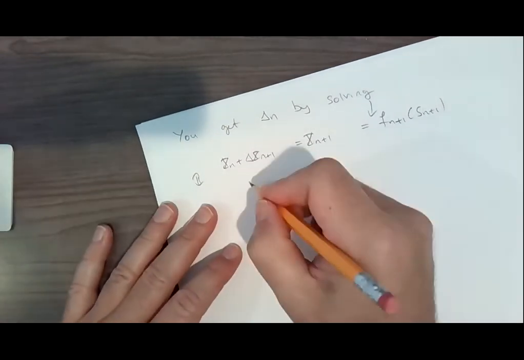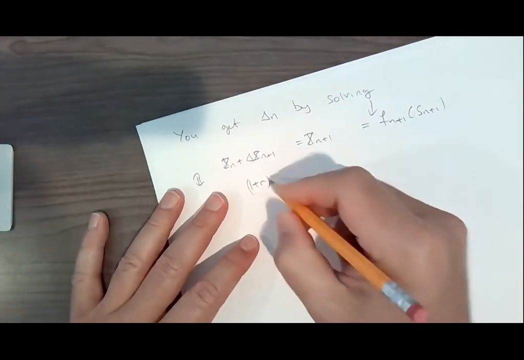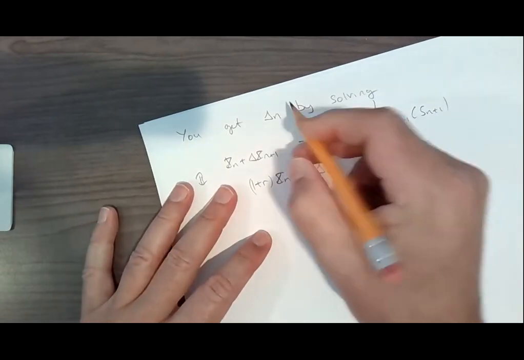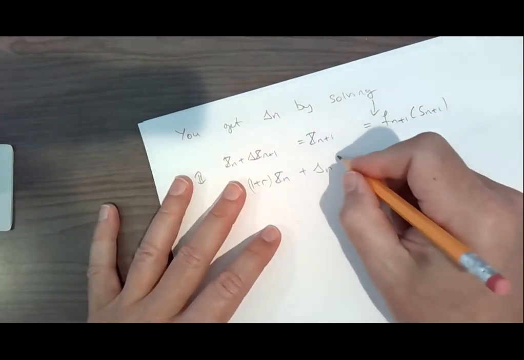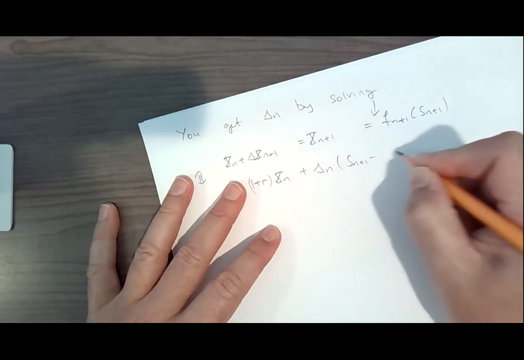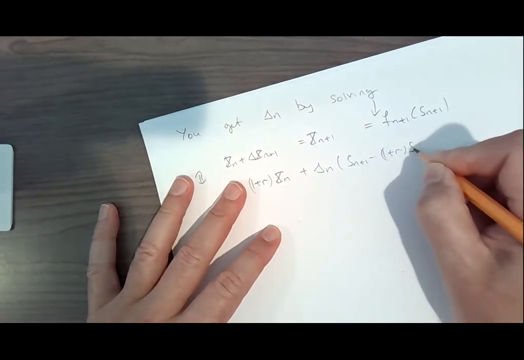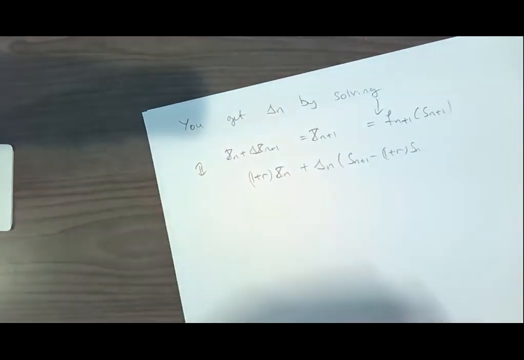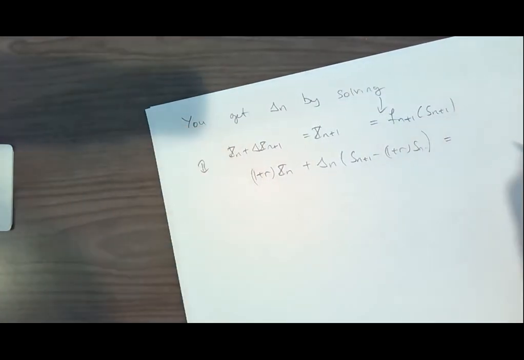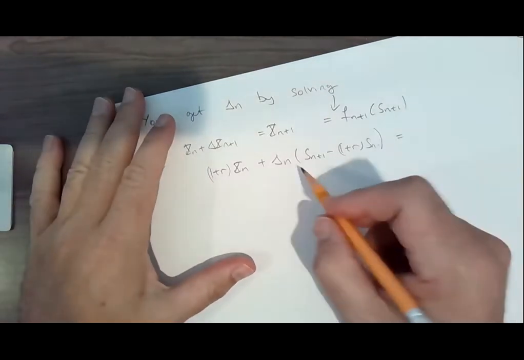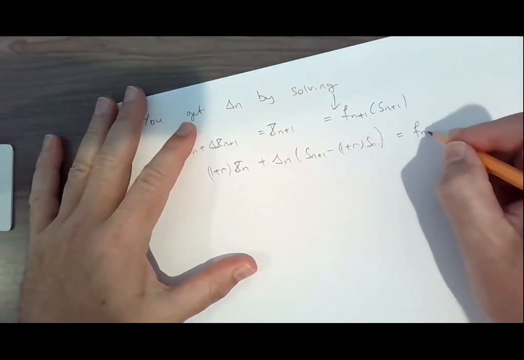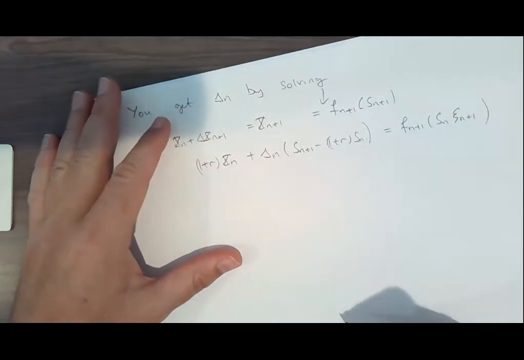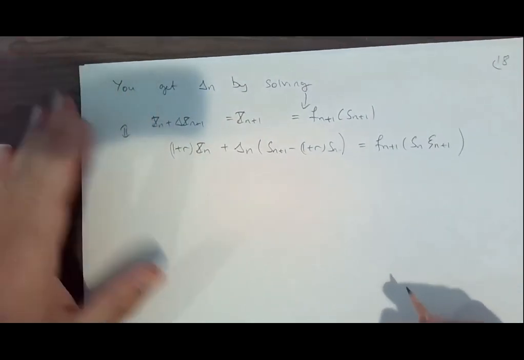You have this long mess, 1 plus R, it will be Xn plus the thing that you're hunting, the delta n. And then over here you have Sn plus 1 minus 1 plus R, Sn. And this thing is going to come out to be Fn plus 1, and so on.